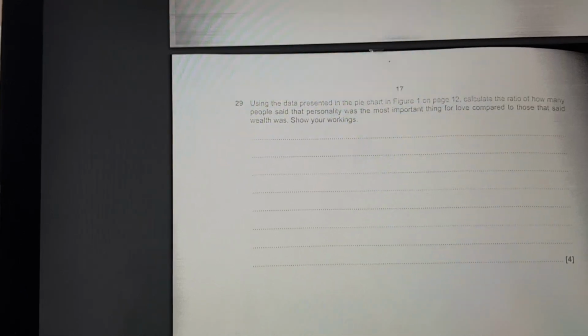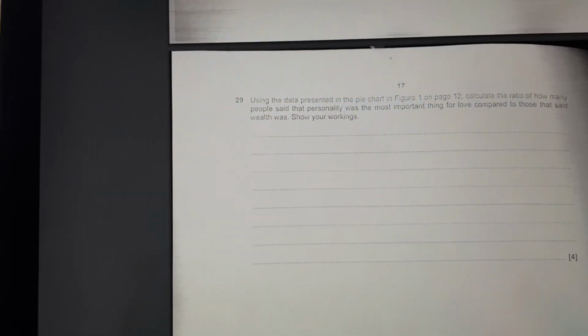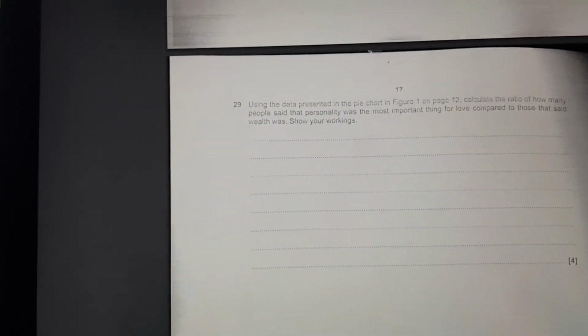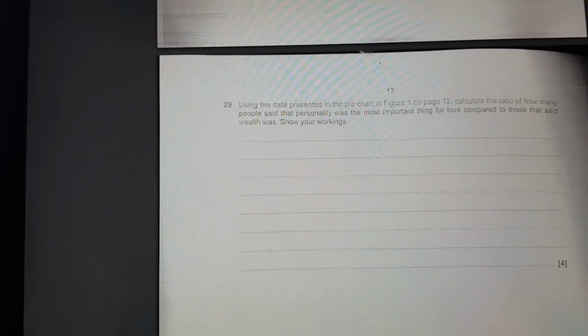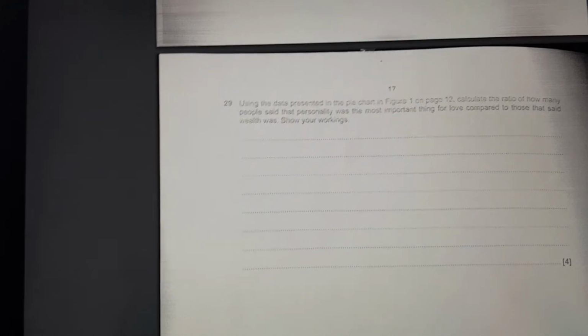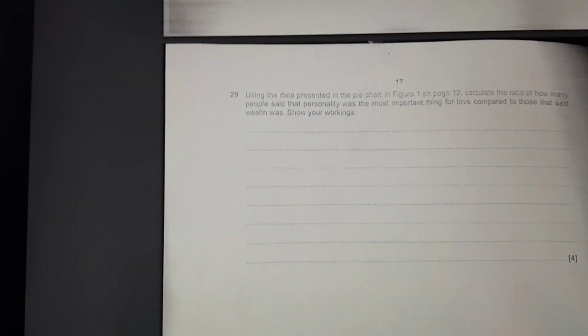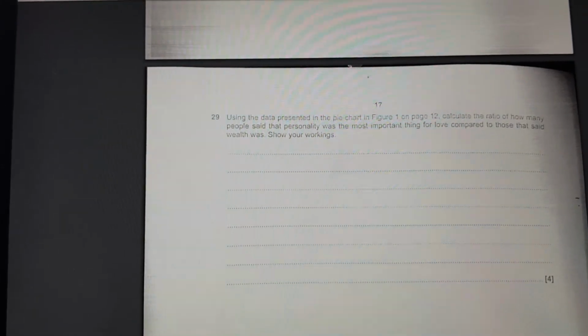So remember to get it in the right order, otherwise you don't score very well. The ratio of how many people said that personality was the most important thing compared to those that said wealth was. You need to show it in that order and you need to reduce your ratio, otherwise you're going to lose marks.